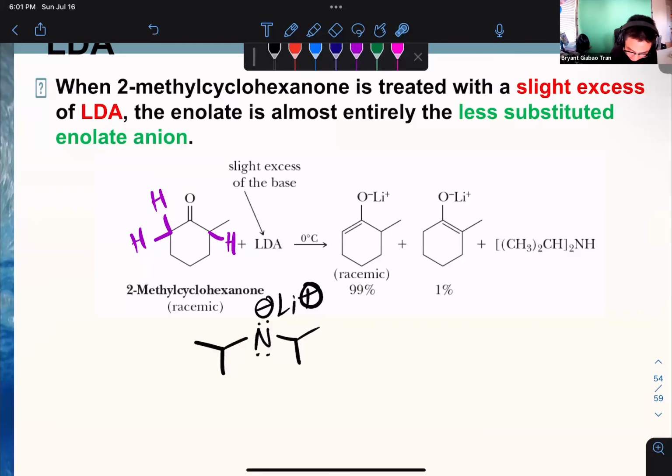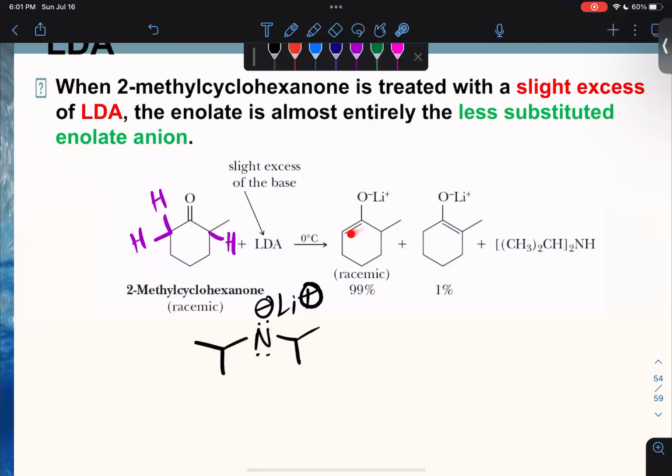But in this case, it will actually go for the other hydrogens because they're more free, like there's more space around them. Even though it's less stable than this double bond because it's less substituted, this is the major product because of the bulky base here. Wait, doesn't it make the double bond on the other carbon so that it's an enone?